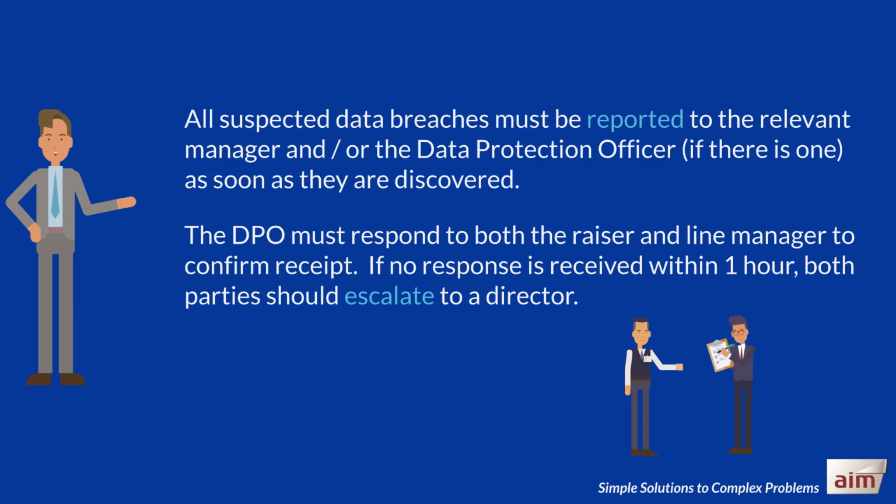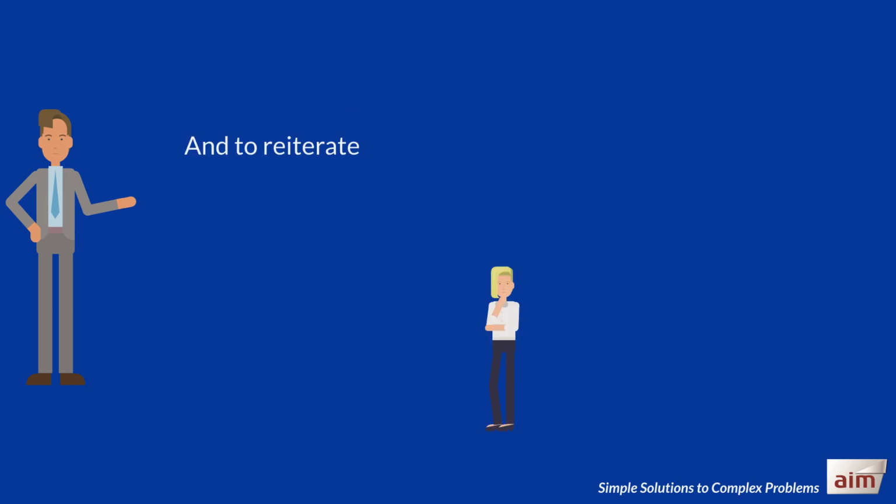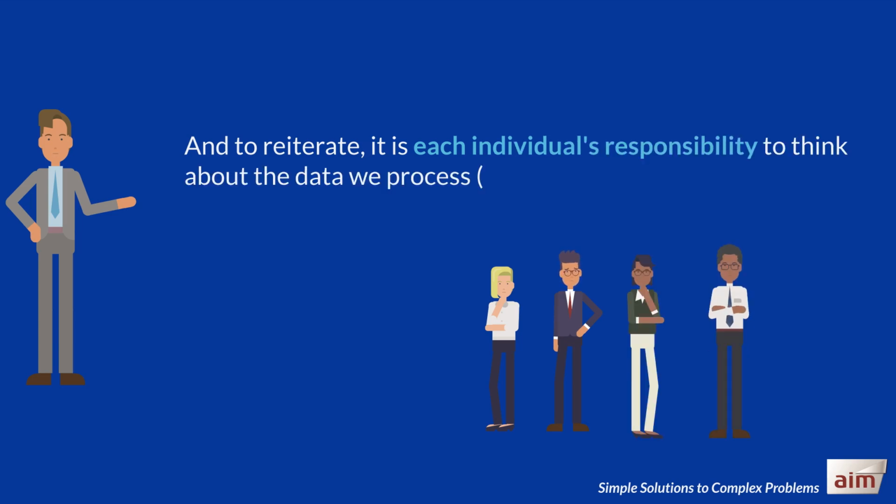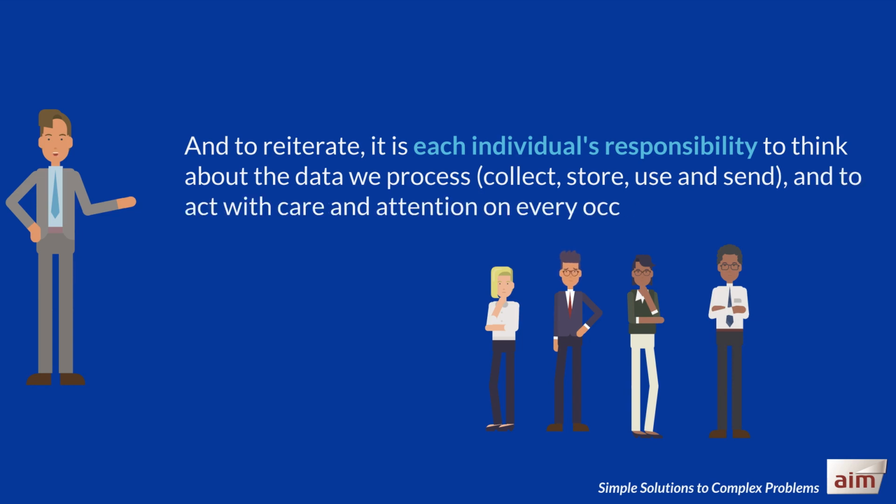If no response is received within 1 hour, both parties should escalate to a director. And to reiterate, it is each individual's responsibility to think about the data we process, collect, store, use and send, and to act with care and attention on every occasion, to minimize the risk of data breaches.